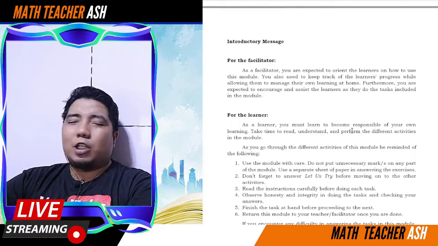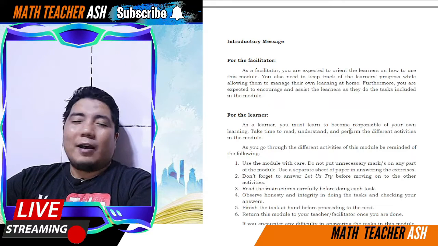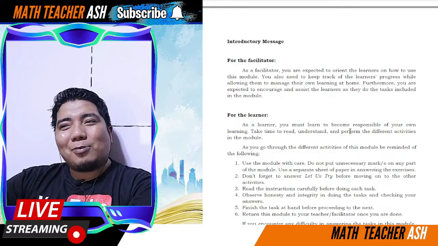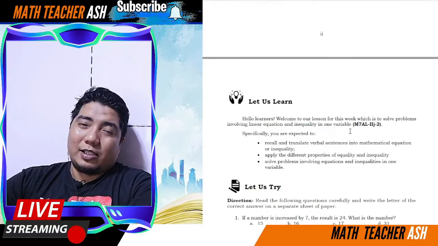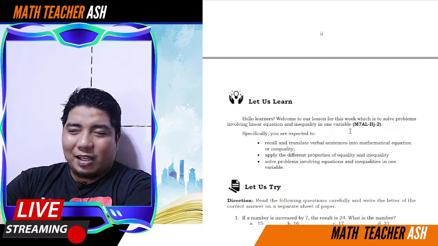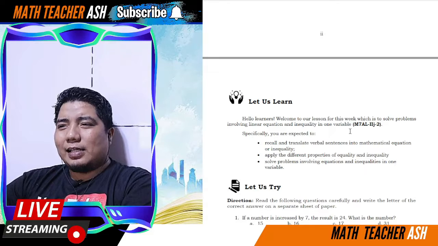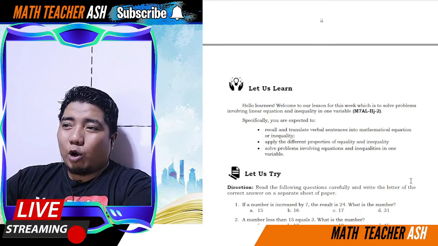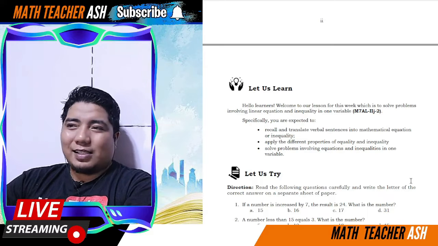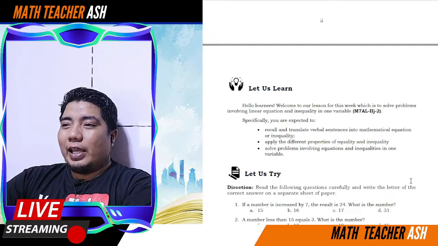On the fourth page is the introductory message para sa ating mga mahal na teachers at kayo mga math learners. Alright, and then on the fifth page is the objectives of the module. So ano ba ang mga objectives natin para sa discussion natin for today? Number 1, recall and translate verbal sentences into mathematical equations or inequality.